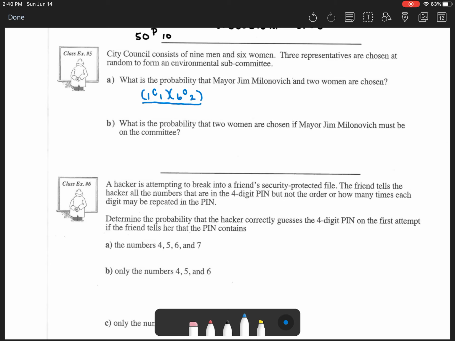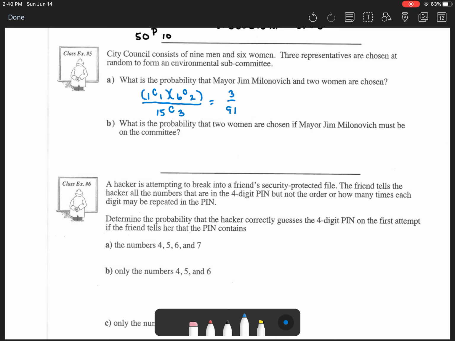Okay, and then I divide, if I want probability, by all the potential possibilities, which are, so 9 men and 6 women, that's 15 people, and you have to choose 3. Okay, and there you go. So I do that calculation, and we end up with 3 over 91.